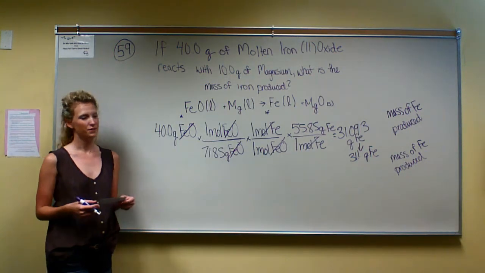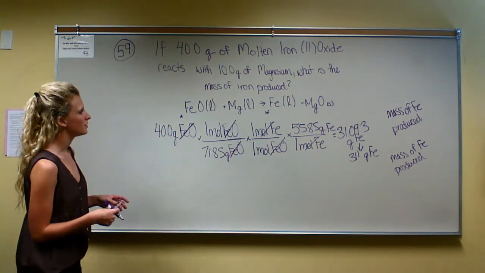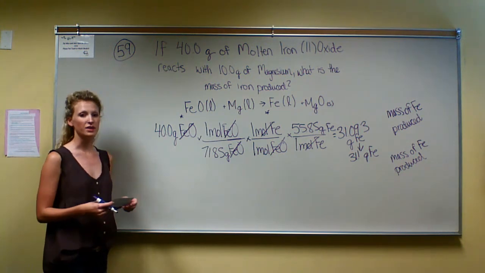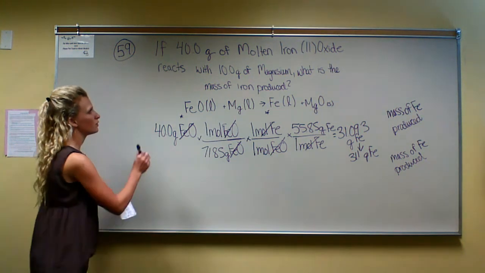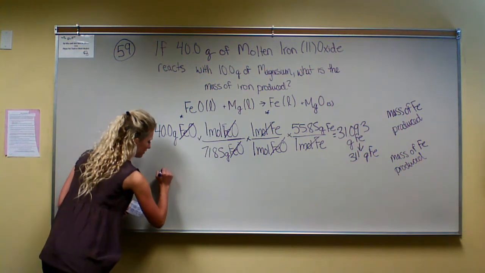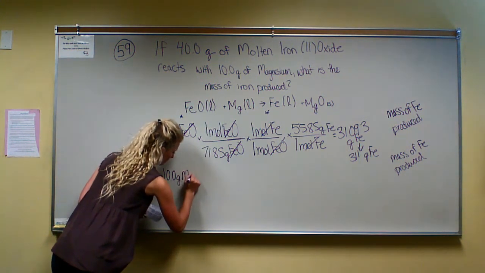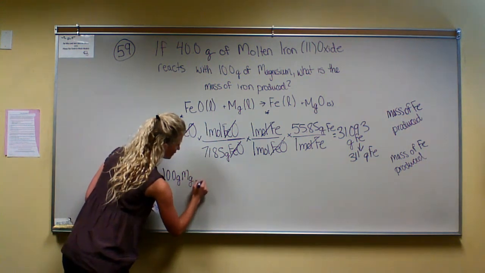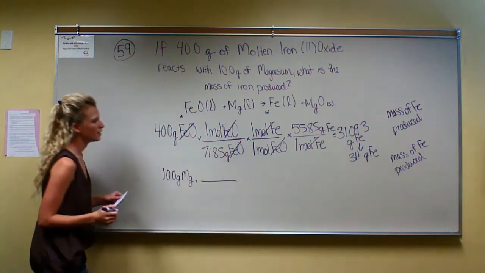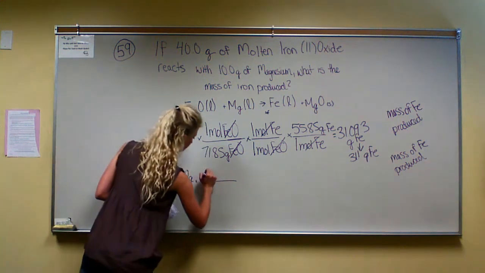Now we're halfway there. From here, we're going to do the same equation, but now with the magnesium. So we'll take the 10 grams of magnesium that we're given, and our first step is to convert it into 1 mole of magnesium.